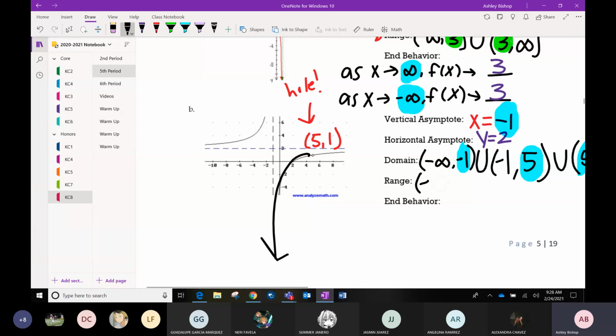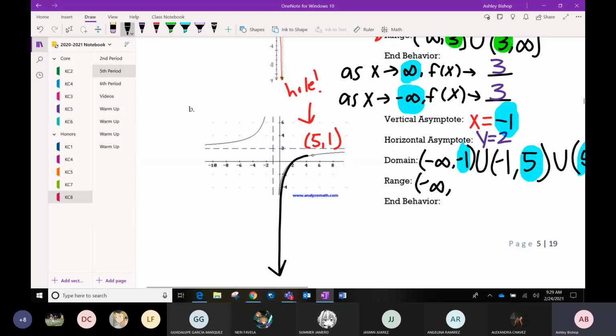So the first number you should still always write for your range is negative infinity. If I'm starting my graph with negative infinity, then I'm doing the range of this side of my graph first, because this side of the graph goes down to negative infinity.